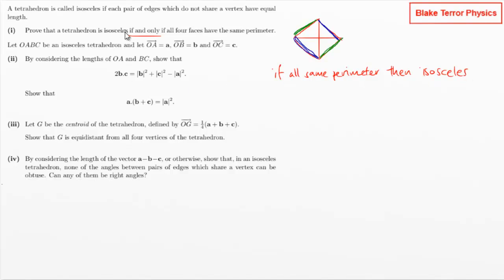And the only if part: if isosceles, then all same perimeter. As in, we have to be able to work in both directions if we're going to have an if and only if. Let's see which of these is going to be easier. I don't know actually, so I'll just do them in order. Let's start with: if all the same perimeter, then isosceles.